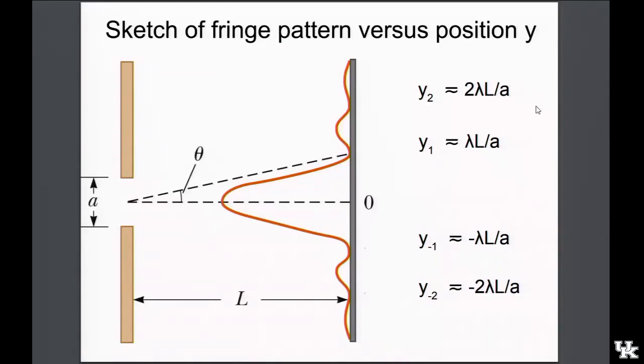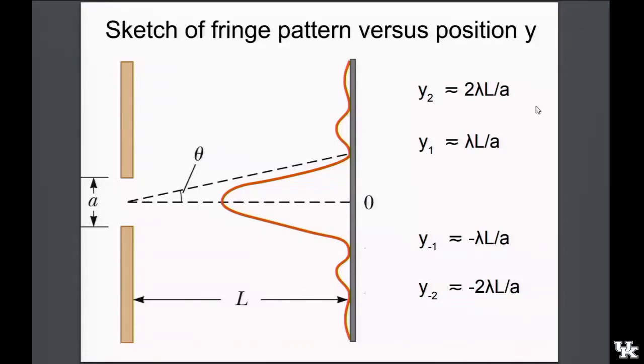We're learning to describe the location of the dark minima. The two closest dark minima are the first order dark minima. These are their locations. They're at plus or minus lambda L divided by A from the central spot. And then they're followed further upstairs, further downstairs by the second order dark minima.